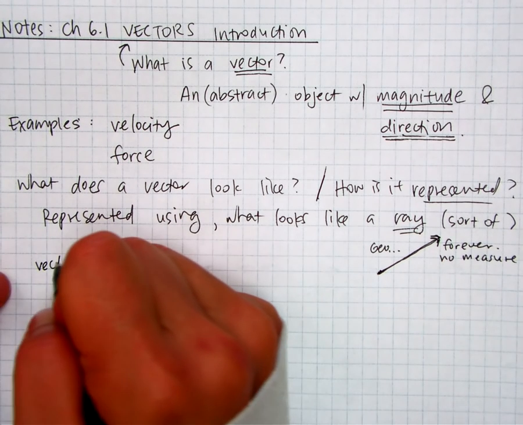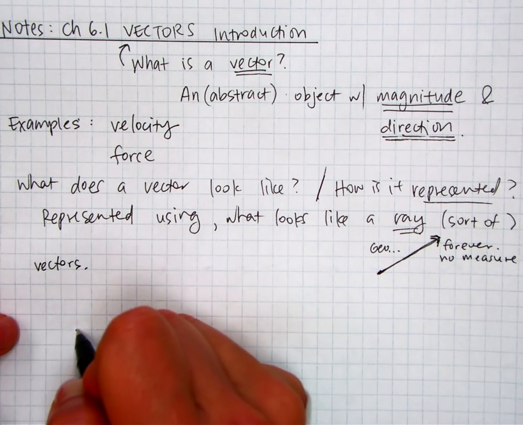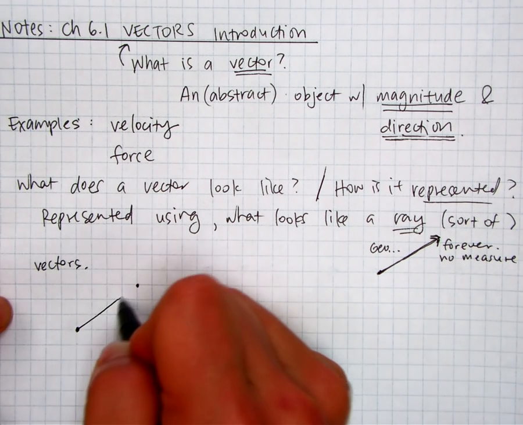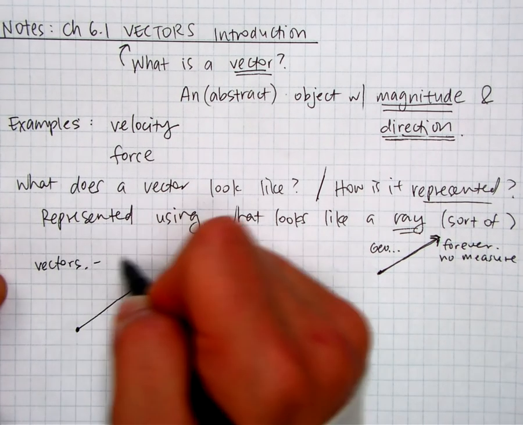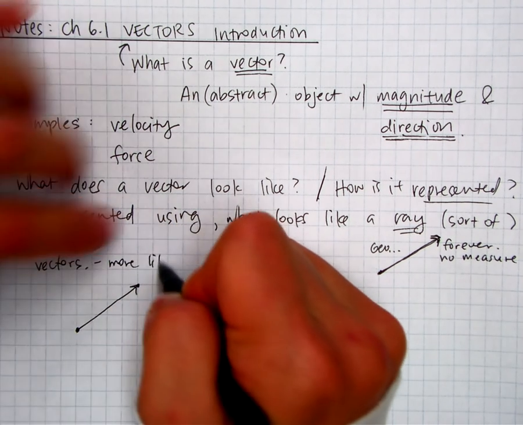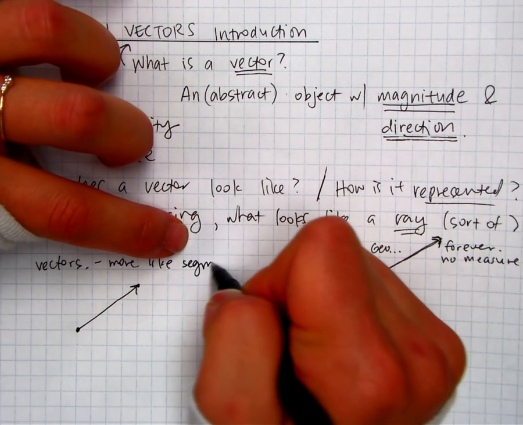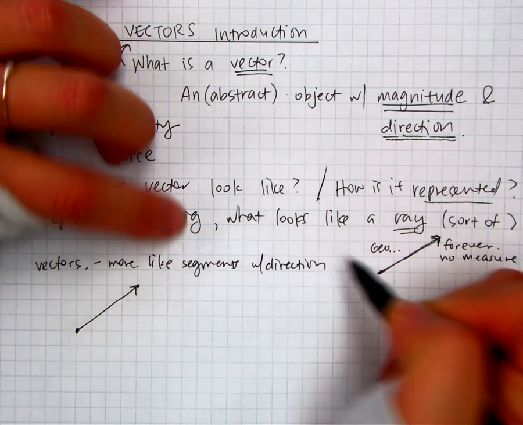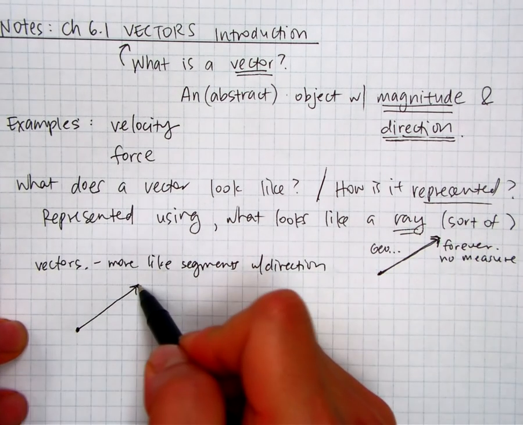For vectors, however, it has a starting point. I'm going to move over 4 and up 3. It's almost like a segment with direction. So it starts here and it does end here.